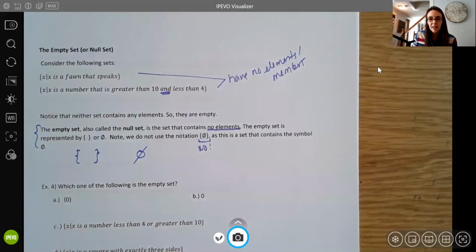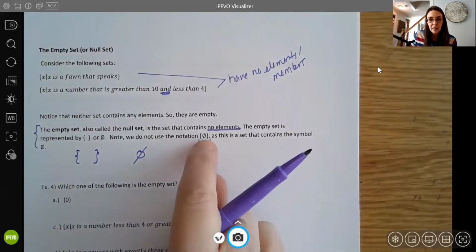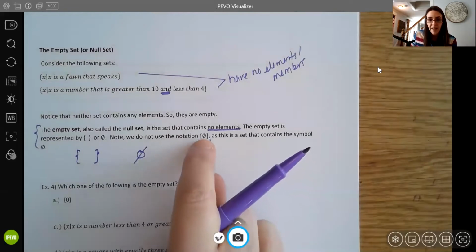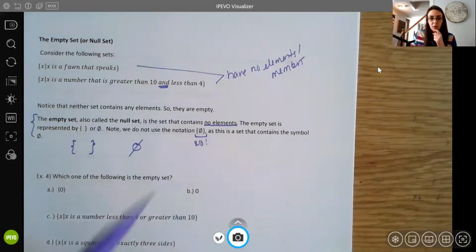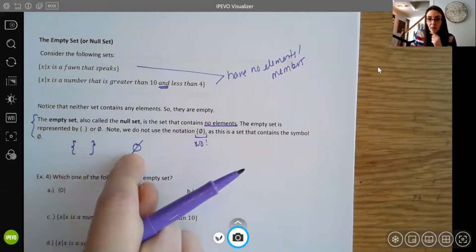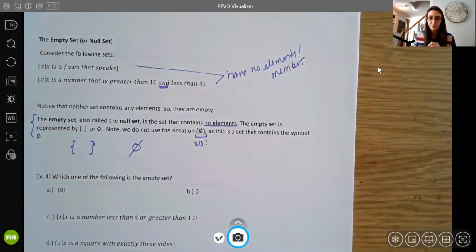The idea of sets I think is pretty simple, but a lot of the notation can get a little tricky, a little weird. So again, this is not the empty set. This is a set that has one thing in it, which is the symbol for the empty set. So that's not what we use here. We use this for the empty set or this without the braces.